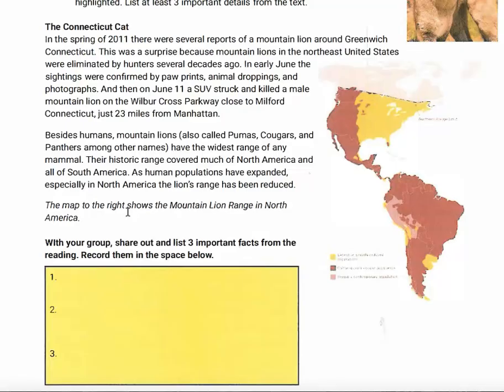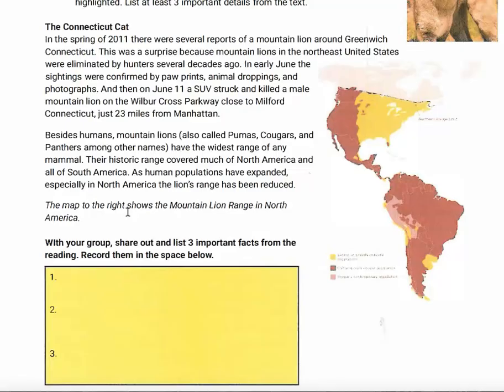In early June, the sightings were confirmed by paw prints, animal droppings, and photographs. And then, on June 11th, an SUV struck and killed a male mountain lion just on the Wilbur Cross Parkway, close to Milford, Connecticut, only 23 miles from Manhattan.